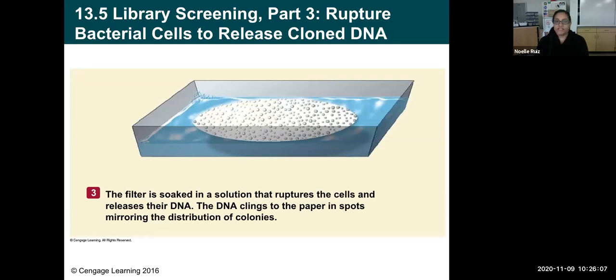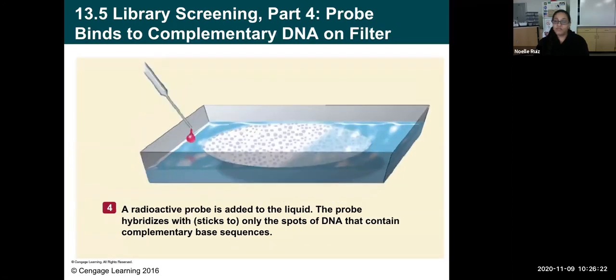The DNA clings to the paper in spots mirroring the distribution of colonies. And a radioactive probe is added to the liquid. The probe hybridizes or sticks to the only spots of DNA that contain the complementary base sequences.